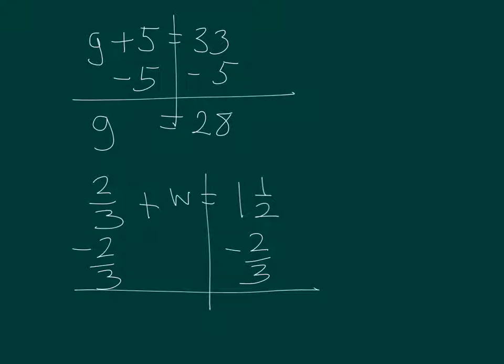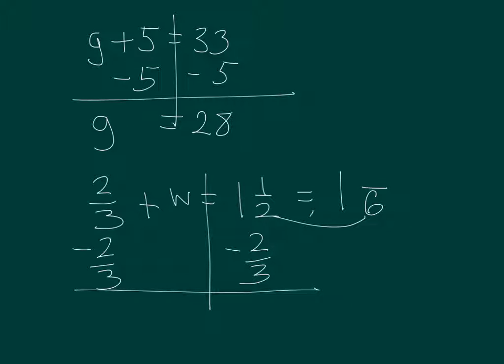Now clearly we can't do that subtraction yet because we don't have a common denominator. So we need to change 1 1/2 and negative 2/3 into something with a common denominator. We could use 6ths, because 2 and 3 both go into 6. So 1 1/2 would become something over 6.